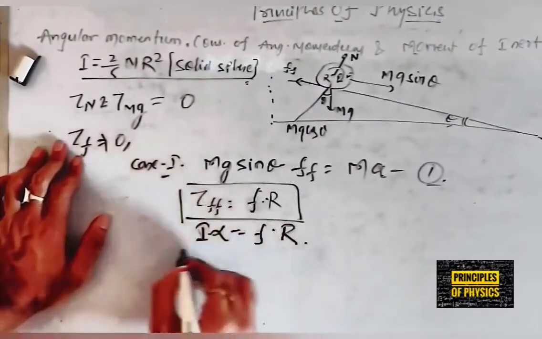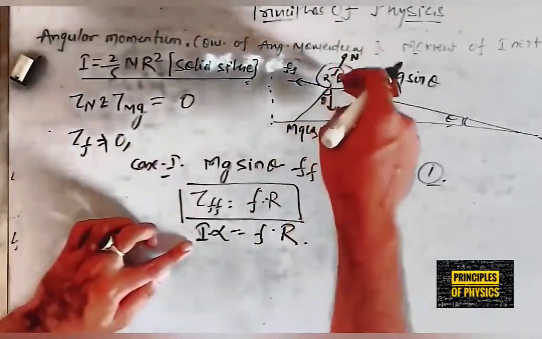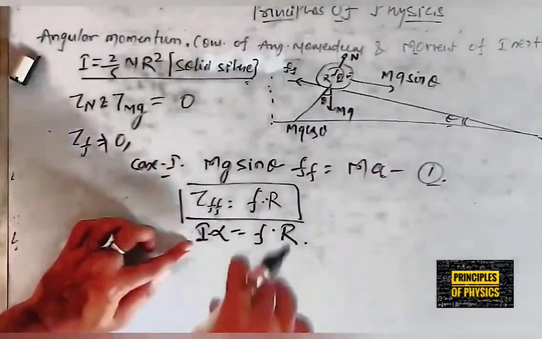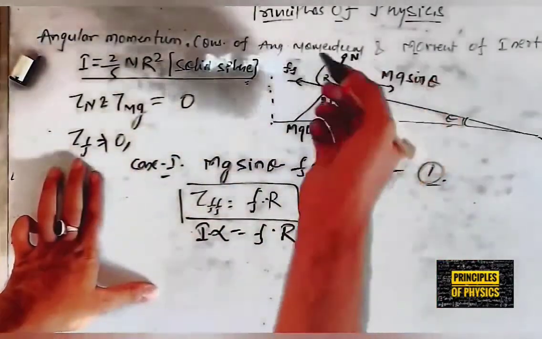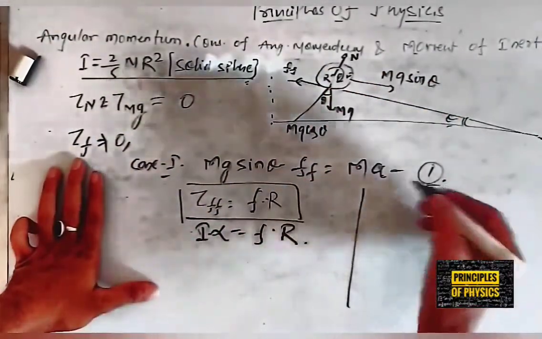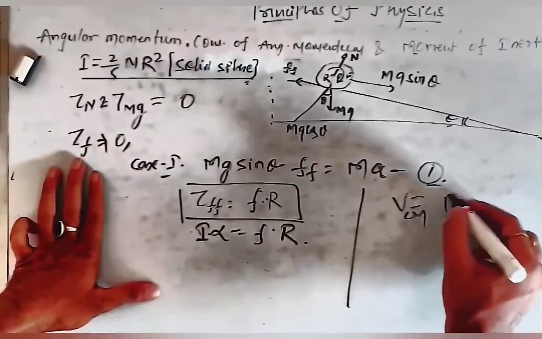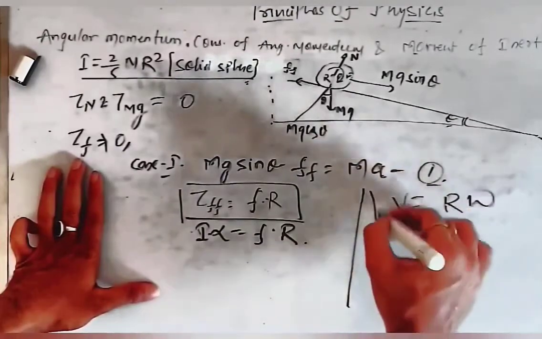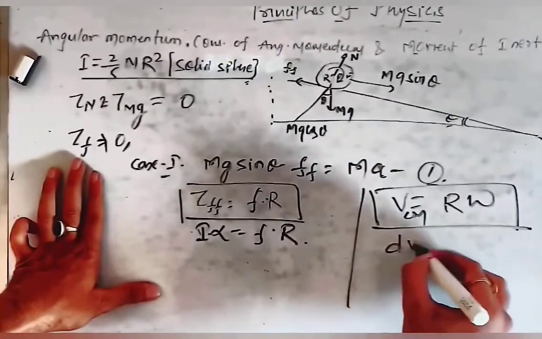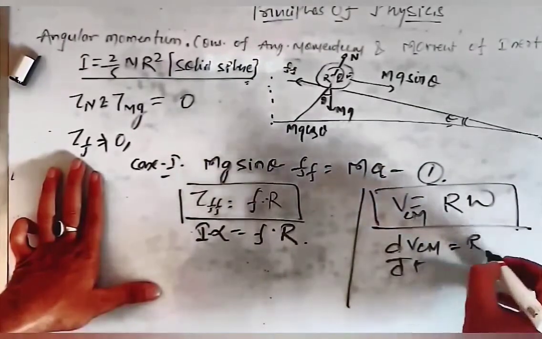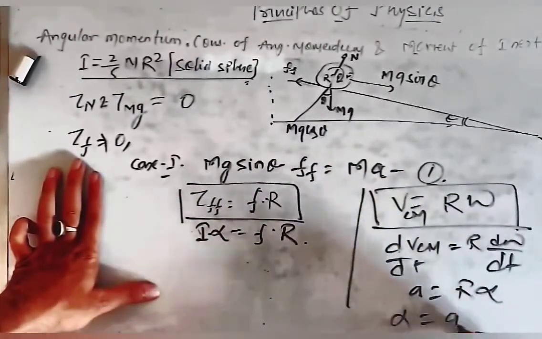So we will substitute I alpha in place of torque, where I is the moment of inertia of the sphere and alpha is the angular acceleration with which the body is rotating. As the body is freely rolling, we must consider the condition that Vcm equals r omega. So on differentiating with time, dVcm by dt equals r d omega by dt, that is equals r alpha, and alpha equals a by r.